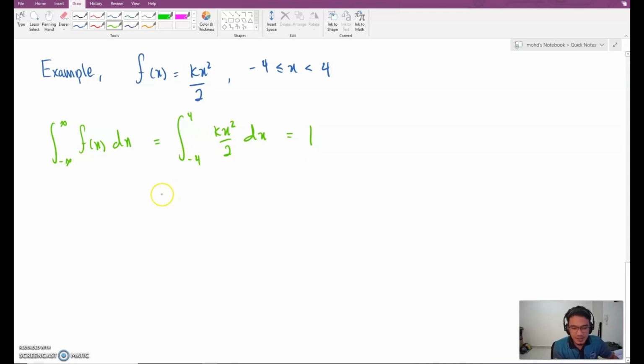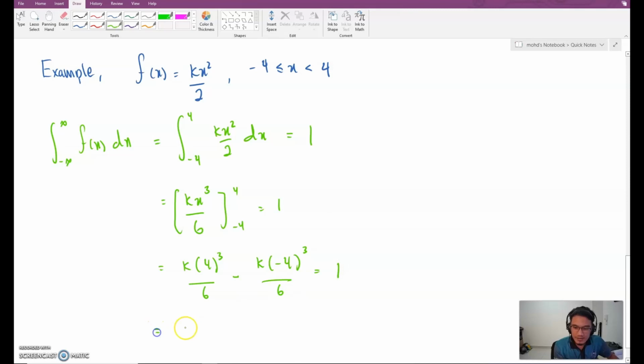Next we proceed with the normal process of integration, which gives kx cubed over 6, evaluated from -4 to 4, equal to 1. Substituting 4 and -4, we have k times 4 cubed over 6 minus k times (-4) cubed over 6 equal to 1, which gives 64k over 6 plus 64k over 6 equal to 1.